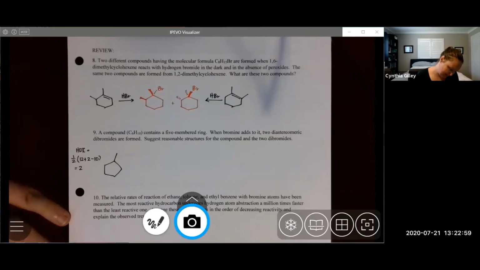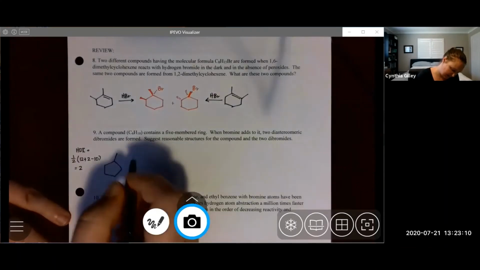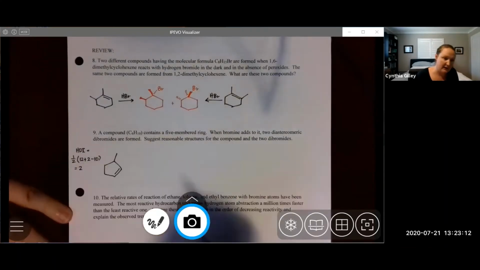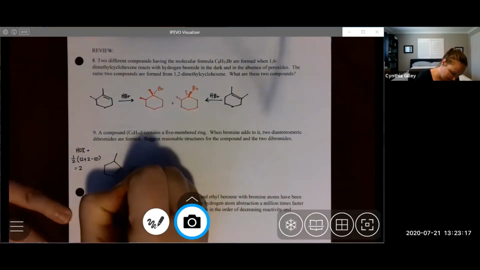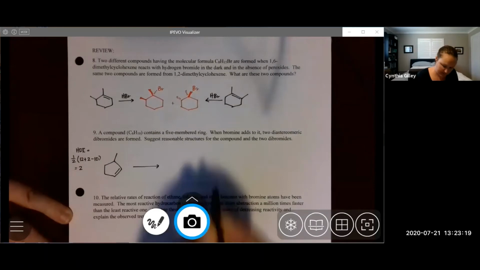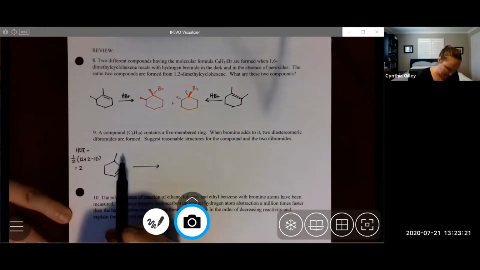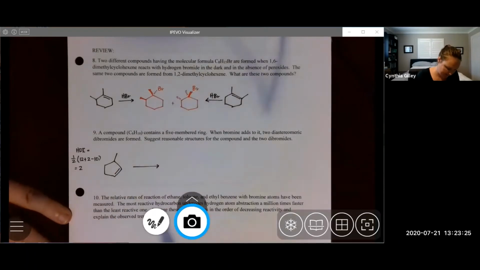Okay, so for C6H10, I think he might have this wrong somehow, because that does not match this formula. So I think he was intending to use this compound, but this would be C6H, 1, 2, 3, 4, 5, 6, 7, 8, 9, 10.